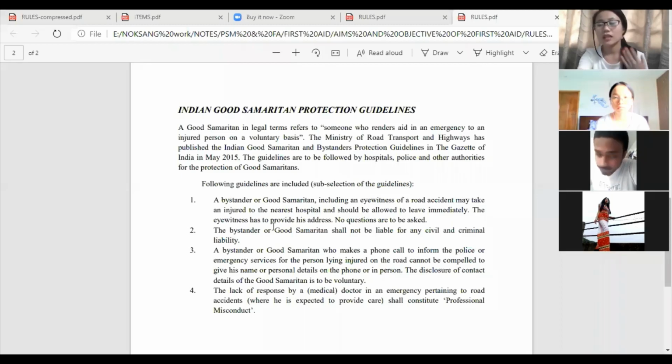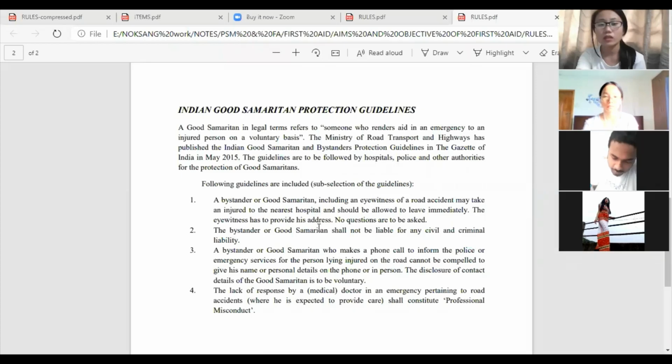After getting him admitted into the hospital, you should not just leave the patient. You will have to give his full details. Because you are not his family members, you are not his known person, so when you provide the hospital with the proper address of the victim, they will be able to call for help to his or her own family members.